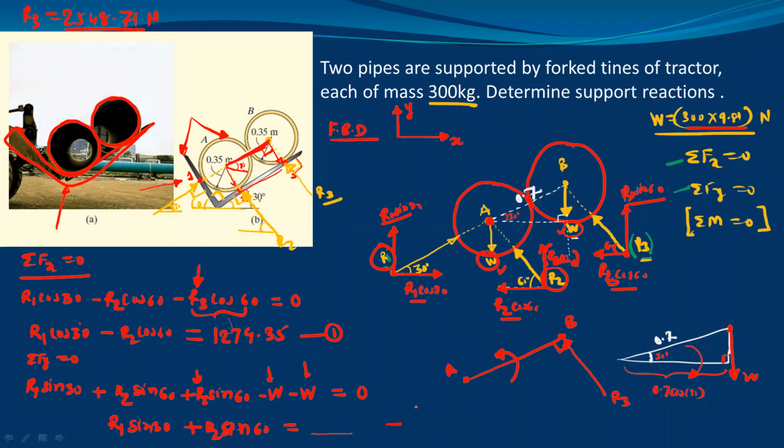So this is your second equation: R1 sin 30 plus R2 sin 60 is equal to 3678.75.